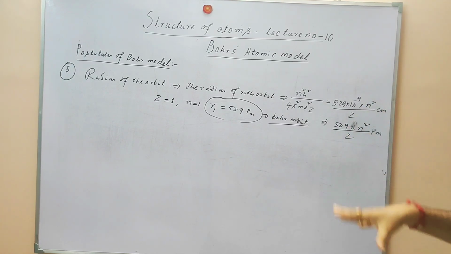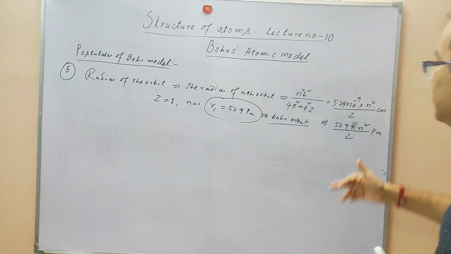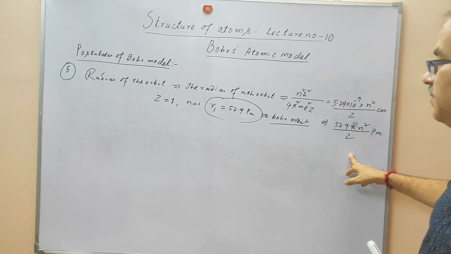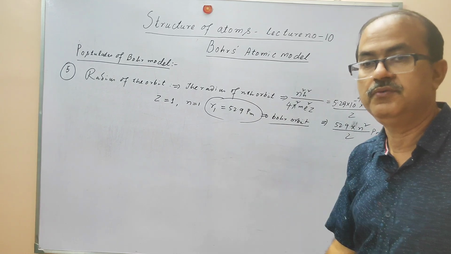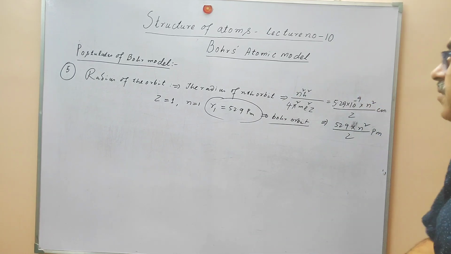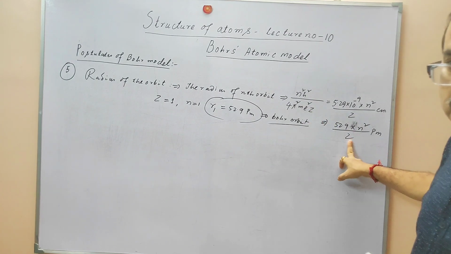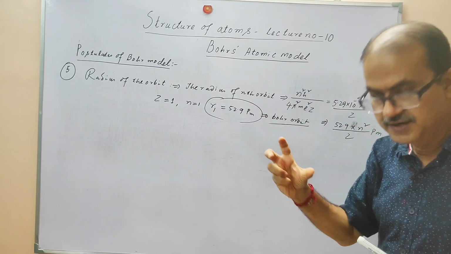And this formula is also applicable for hydrogen-like species. At that time, you have to utilize this information: what is the atomic number Z of this species, and what is the n, which orbit, first, second or third, we want to calculate. So this is the radius of the orbit. And you can see one thing: the radius of the orbit is inversely proportional to the atomic number. When the atomic number is increasing, the radius will be decreasing.